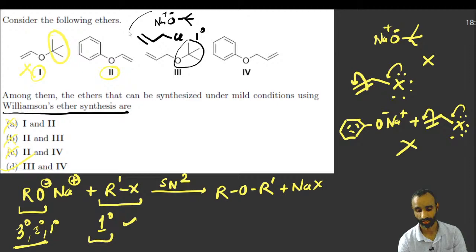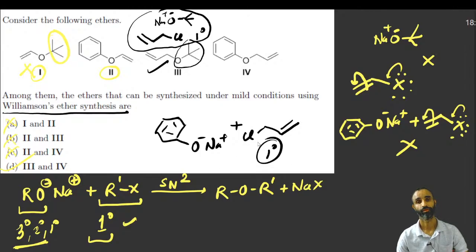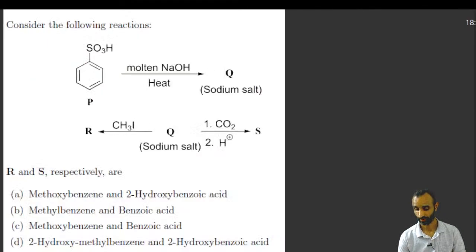So the condition is satisfied. On the next one, same case, we have sodium salt and alkyl halide. That's it. So third and fourth is the right option.